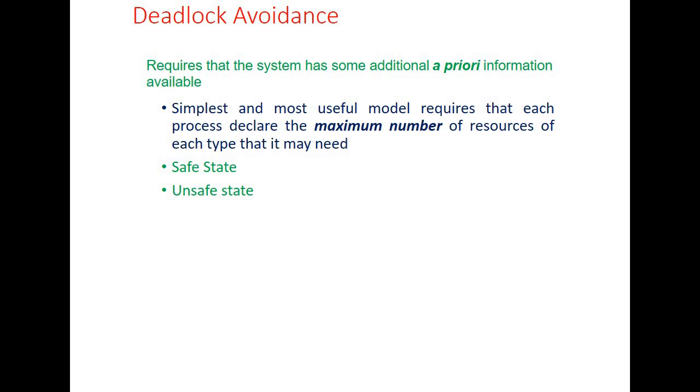Coming to deadlock avoidance. Deadlock avoidance is also one of the techniques used for handling deadlocks in the system. Here there are n number of processes and m number of resources. So when we are allocating some resources to a process, the system will check whether the system will be in the safe state or unsafe state.